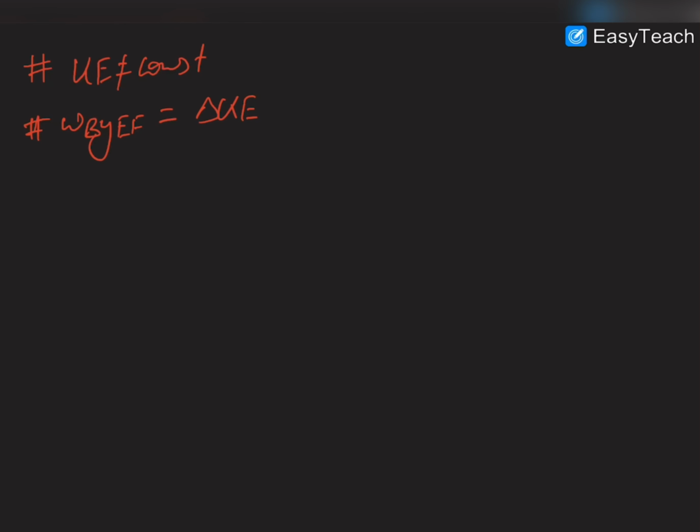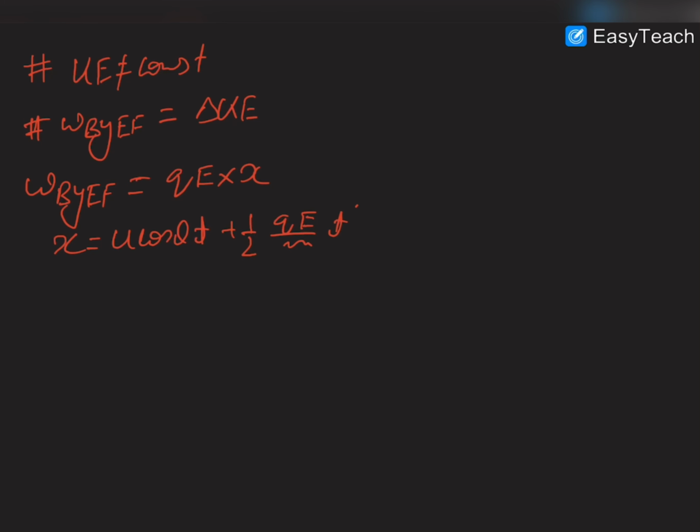So let us suppose that the work done by the electric field is equal to the electric force into the displacement of the particle in the direction of the magnetic field, which is the x coordinate of the particle at any time t, where the x coordinate you can find out by u cos theta into t plus half into qE by m into t square.